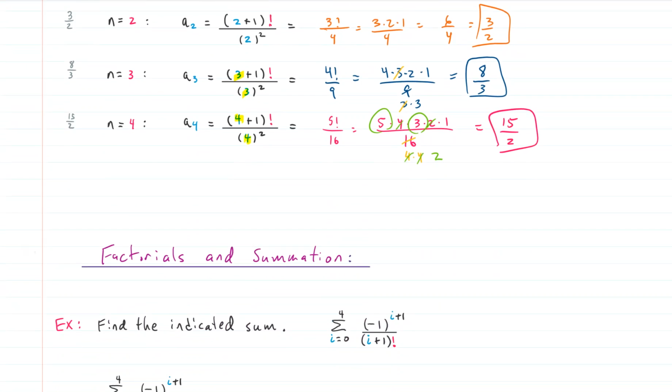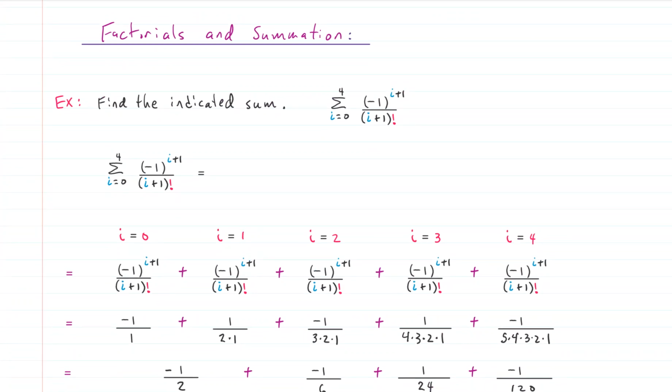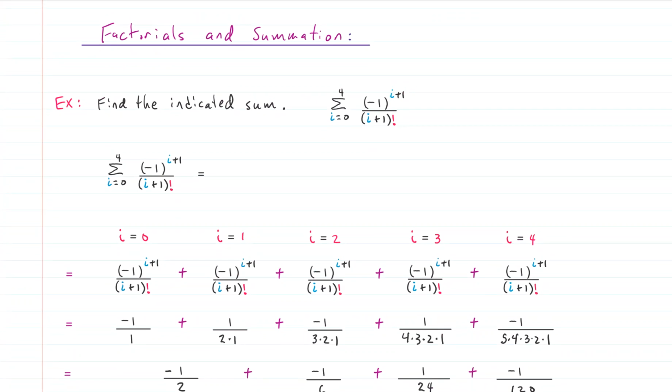Awesome, let's move on. Let's talk about factorials and summation, because factorials often appear in summations. Here's an example. Find the indicated sum. We're summing a fraction. In the numerator we have negative 1 raised to the i plus 1, so i plus 1 is in the power.